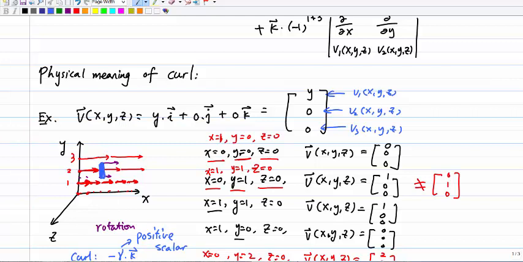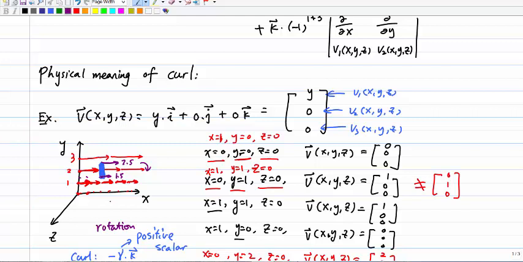Here it is around 1.5, for example, and this one is 2.5. The top moves faster, so you see the object is sort of rotating this way.